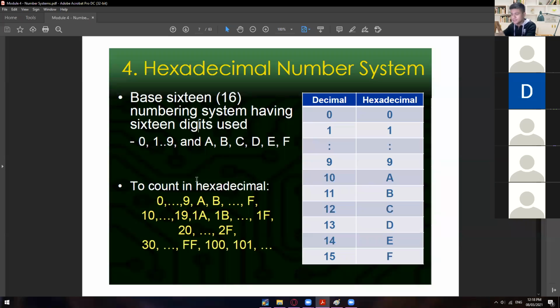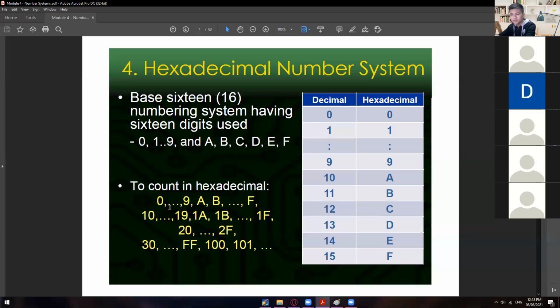So to count in hexadecimal, yes, we have 0 to 15, but we don't have 16, 17, 18, and 19. All right? From there, you will jump to 10 to 19. Sorry, we do have 16, 17, 18, 19, but that is another range already.